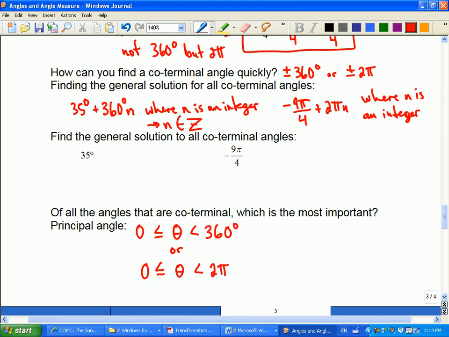Why do you think that is? It's less complicated. 0 to 360 is the world that most of us lived in until today, right? Like if I told you, 35 degrees or 395 degrees, you guys would probably rather deal with 35, right? And you know where that is, you can picture it. 395 is a little harder.